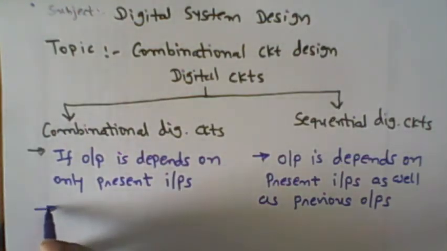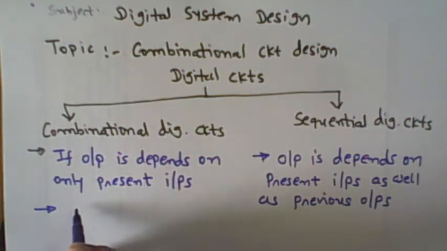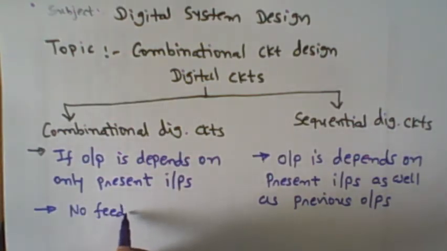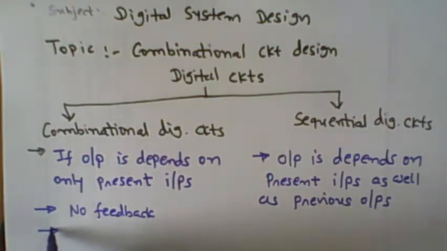In a combinational digital circuit, there is no feedback path or feedback loop, and it should not have any memory elements.